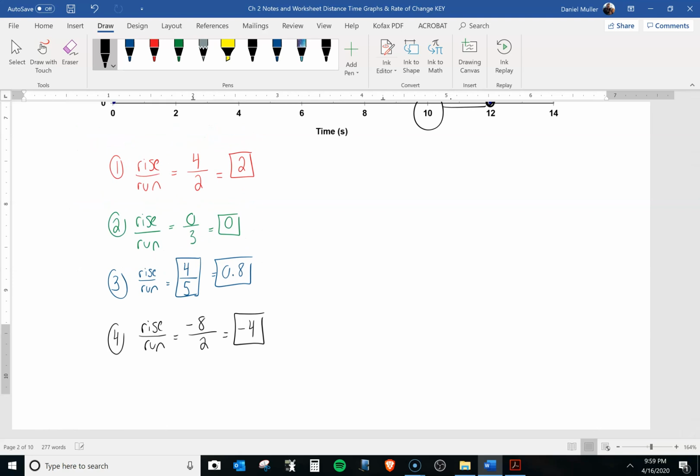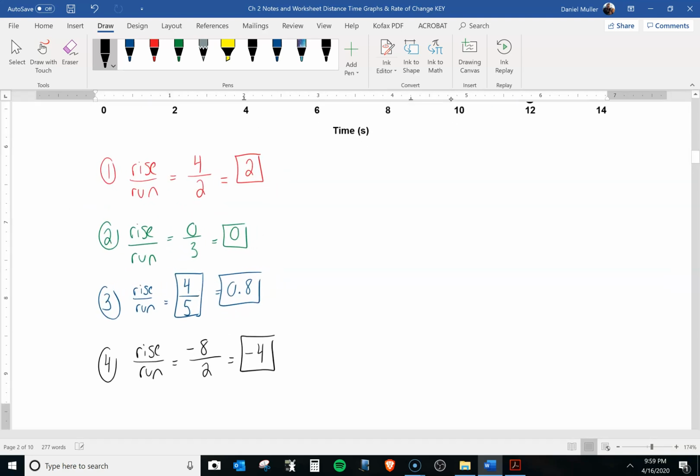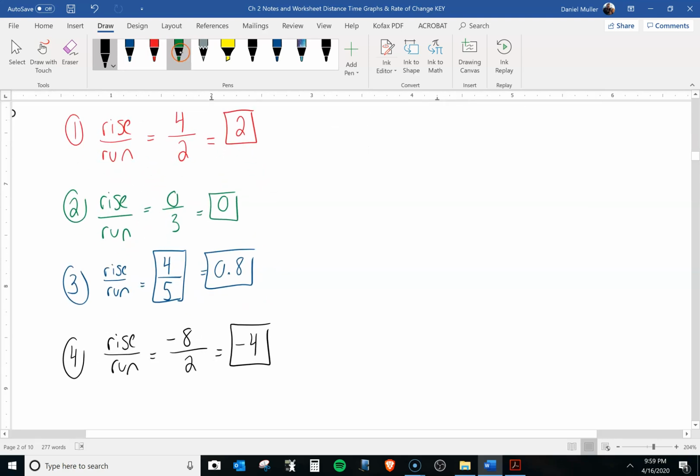Now, we can compare a lot of things. So we can say that this one right here, even though it's negative, is the most steep. The steepness is 4. It's a negative, meaning that we're heading down, but this right here is the most steep because 4 is a higher number than 2.